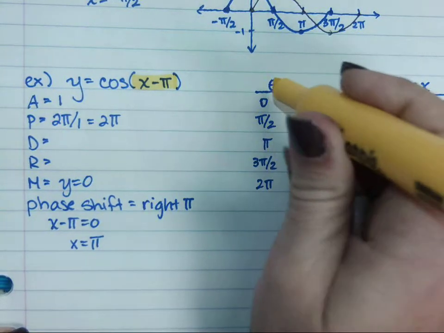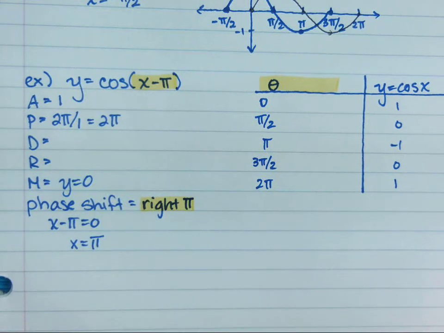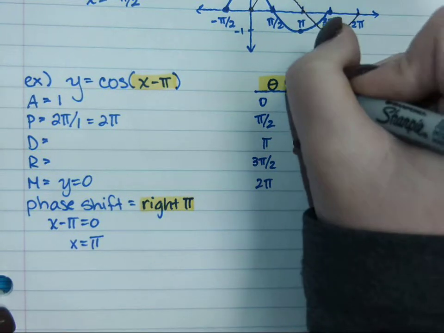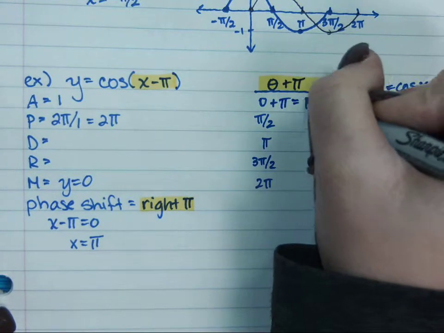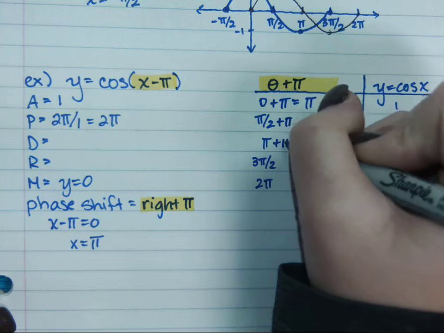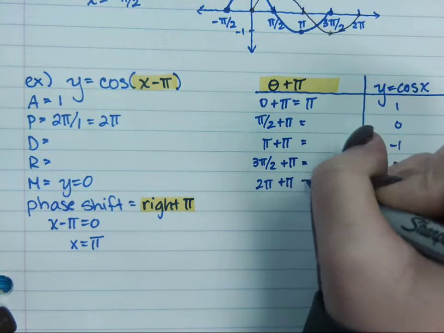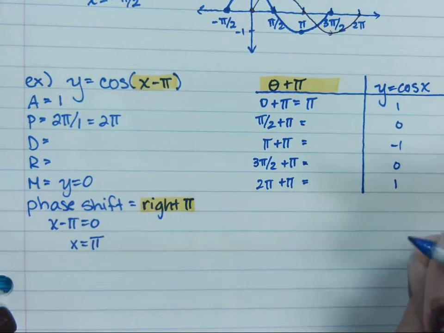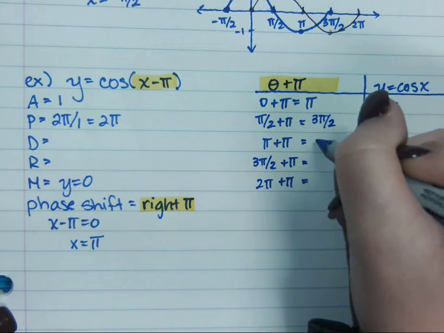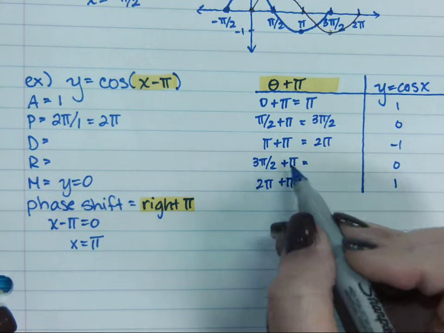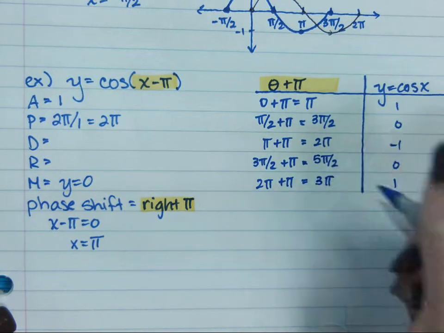And again, to this theta, I want to add the phase shift. So I'm going to add pi units to all of these inputs. When I add pi, it now moves everything over by a good amount, still by the same increments. So if this is pi, now a half plus 1 is going to be 3 pi over 2, 2 pi. 1.5 and 1 is going to be 5 pi over 2, and then 3 pi.